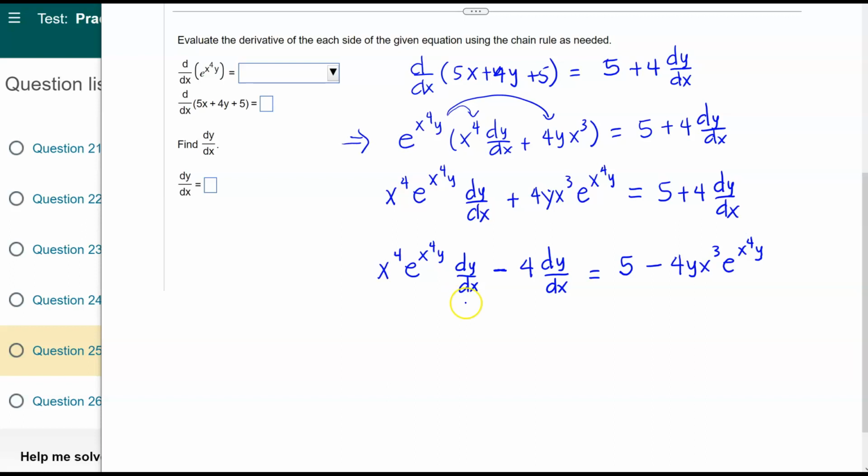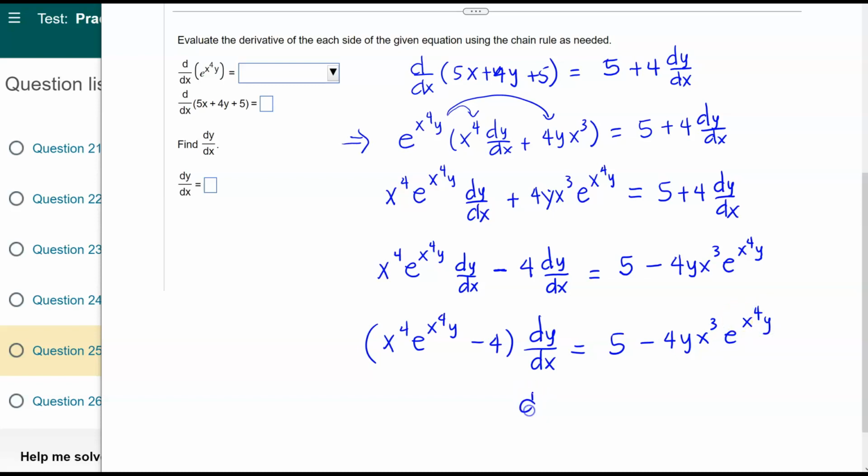Then you can factor out that dy/dx. So you have x to the fourth e to the x to the fourth y minus 4 times dy/dx is equal to 5 minus 4y x cubed e to the x to the fourth y.